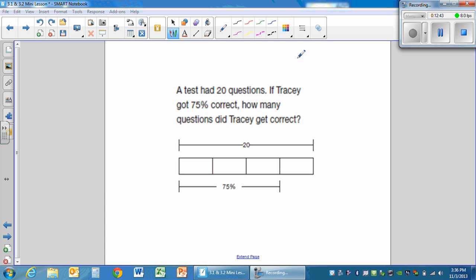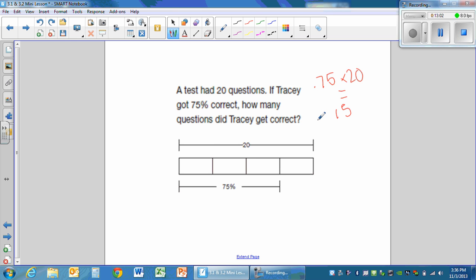Again, we need to change this percentage to either a decimal or a fraction. 75% of means to multiply the total of 20 questions. So in your calculator, take 0.75 times 20, and you should get an answer of 15 questions is what she got correct.